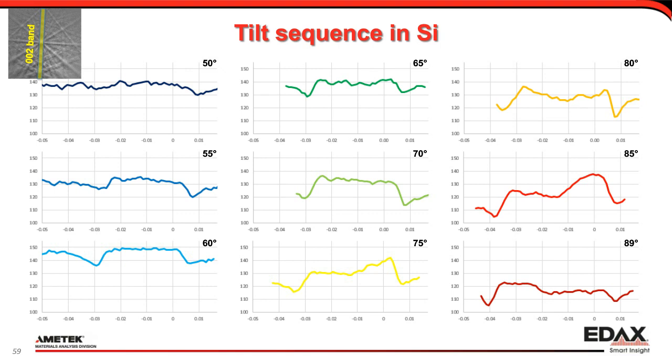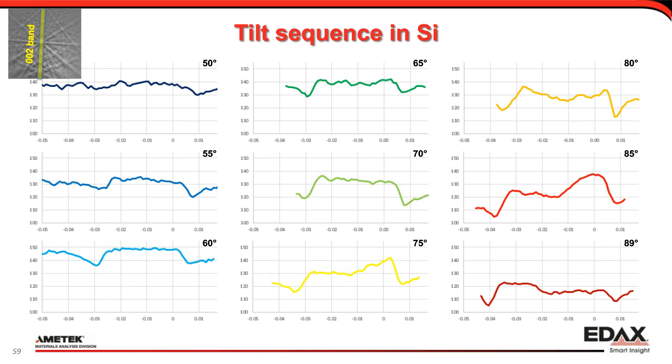And if you go steeper again, then at 89, the edges of the band are steeper, so they're sharper, but there's very little contrast left inside those bands. So you could potentially use that also to model the penetration depth or perhaps the interaction volume of the EBSD pattern generation.